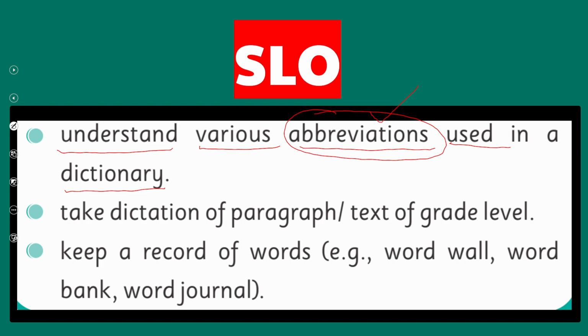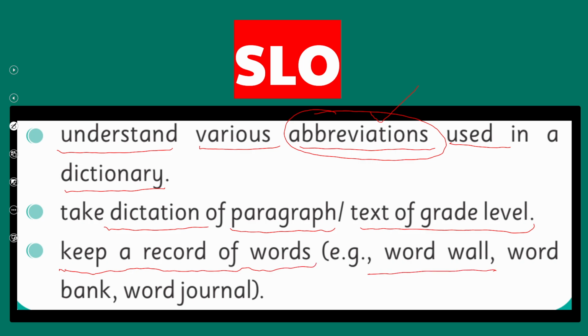The second SLO is that they take dictation of paragraph text of grade level. So we have to know about dictation and dictation of paragraphs according to our grade. And lastly, we have an SLO of vocabulary: keep a record of words, word wall, word bank or word journal.